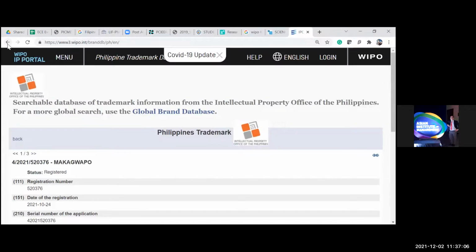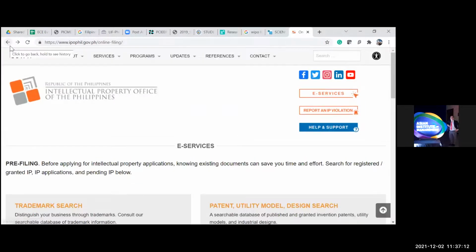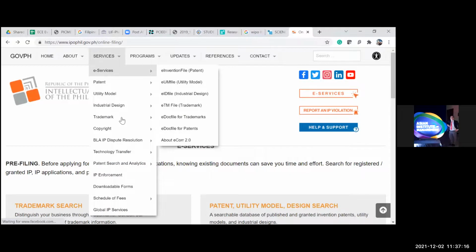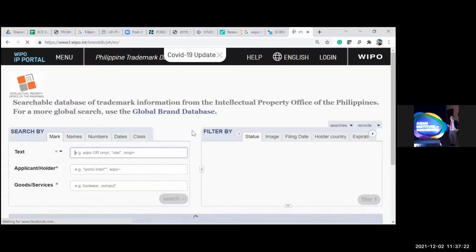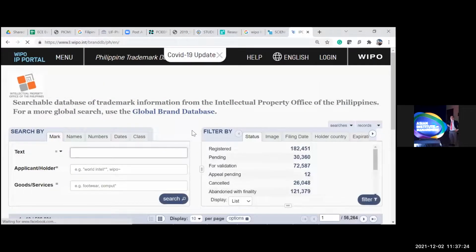Like Mr. Beast, a very popular guy, right? He's a very popular person, so he doesn't want somebody else to also make use of his trademark. So Mr. Beast, let's see.